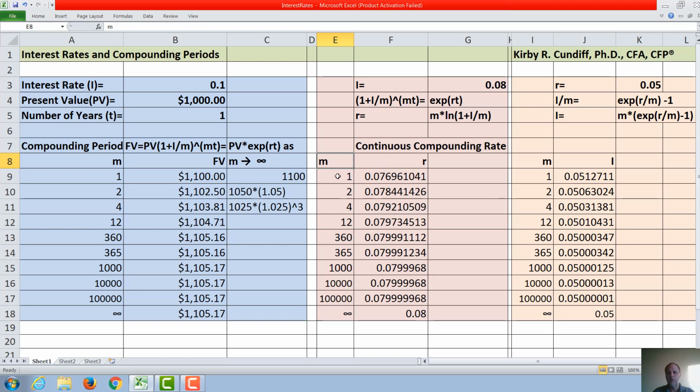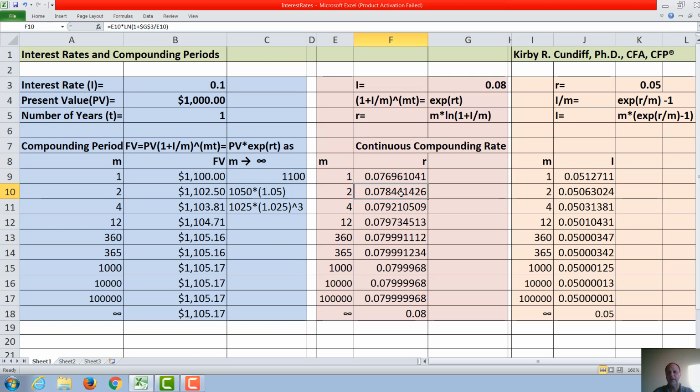Well, for M equals 1 and I equals 0.08, the equivalent continuous compounding rate is 0.07696. So again, since it's continuously compounding, it's going to be less than the quantized compounding once a year of 8%, since for the continuous compounding you will earn interest on the interest. If we go twice a year, then this number is going to get slightly higher, to 0.07848. So all we're doing is using this equation here.